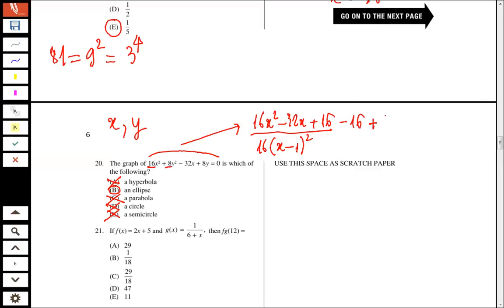And here is 8 times y squared plus 8y. Let me calculate.